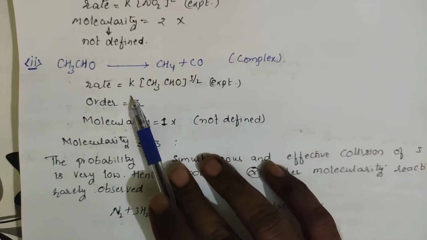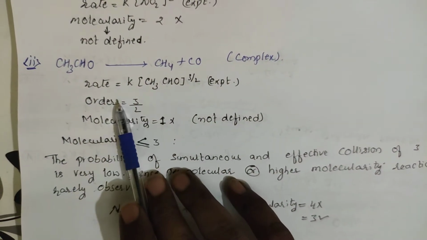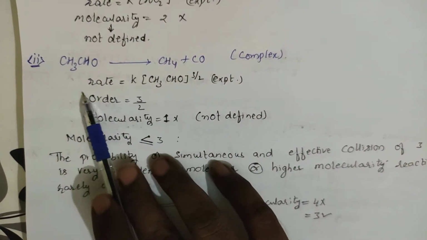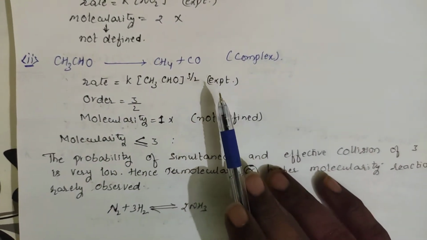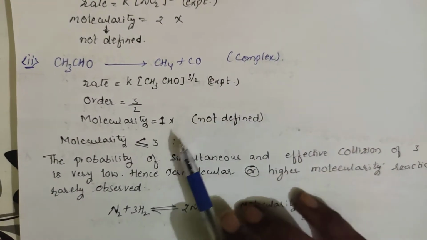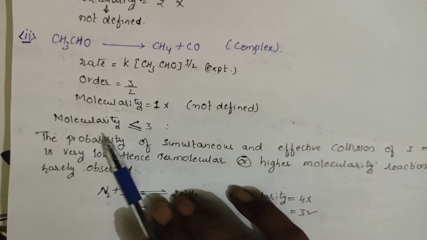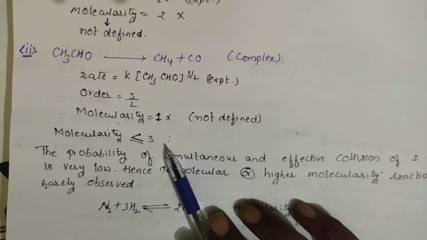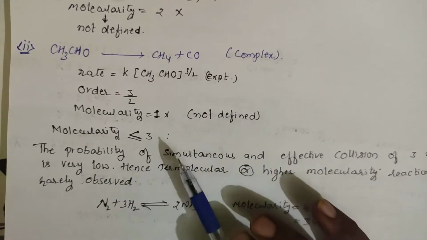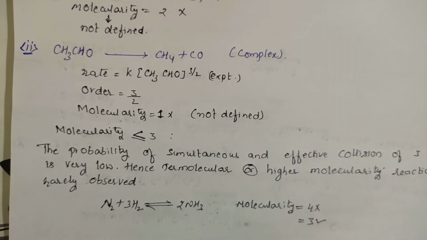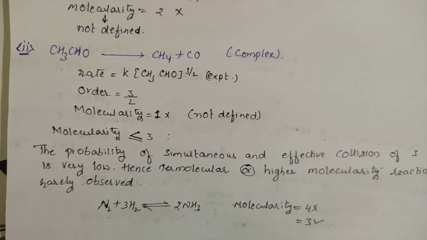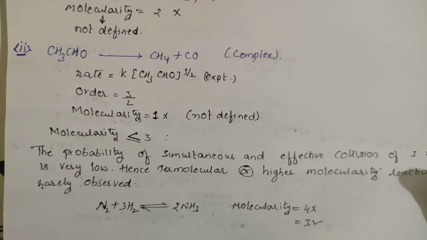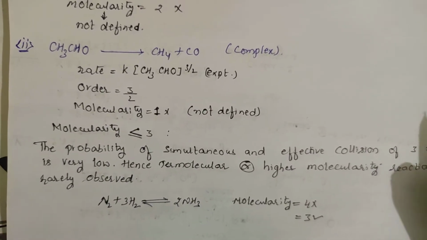Already I have said from the first video that order will be obtained from the rate equation, whatever is calculated experimentally. And remember, students, molecularity will be equal to 3 or less than 3. It will never exceed 3 because the simultaneous and effective collision of more than 3 molecules is not possible. Very rarely you will get 3. Greater than 3 is highly impossible.